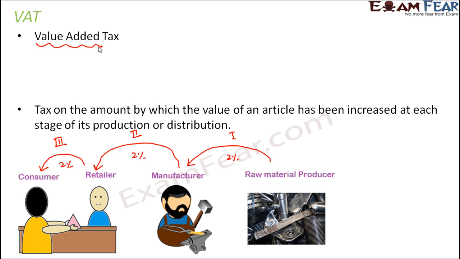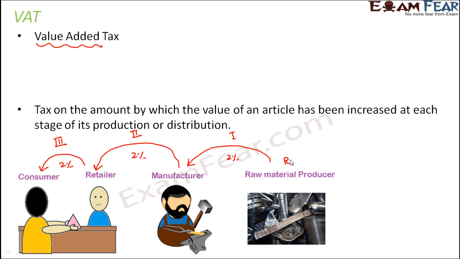So it says that the tax on the amount by which the value of an article has been increased at each stage of its production or distribution. For example, the raw material cost was, let's say, 500. Now after getting manufactured, its price has increased by 200 and it has become 700.